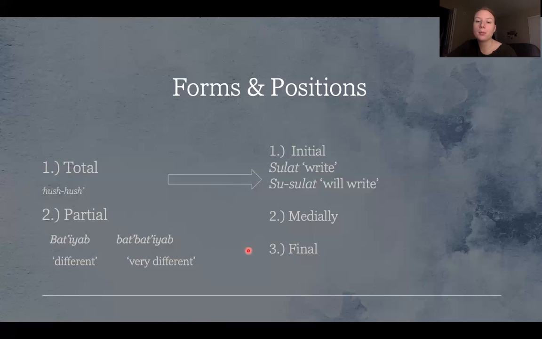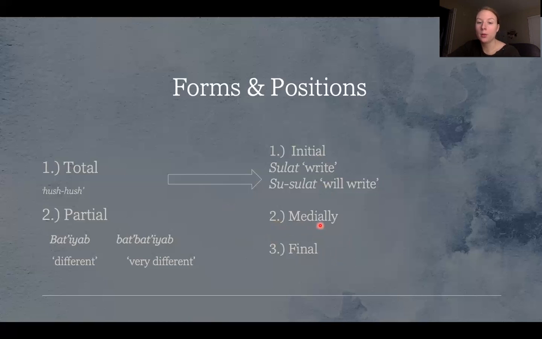Final is quite obvious. It would be similar to su, sulat, will write, if, say, the Philippine language changed it to su, sulat, su. So you would often see part of that original morpheme parsed and then placed word finally to add on a morpheme or create some form of change.